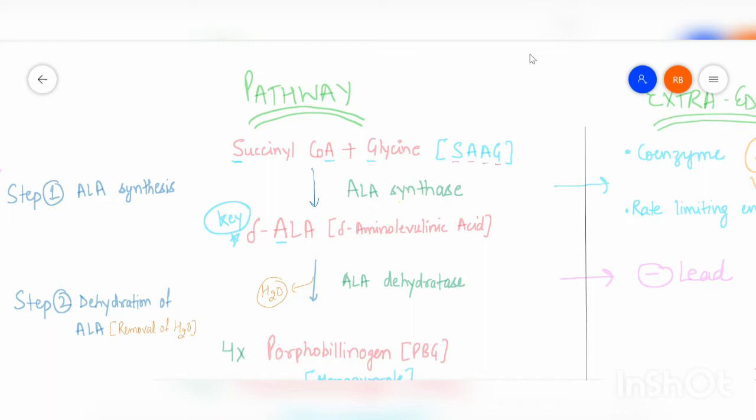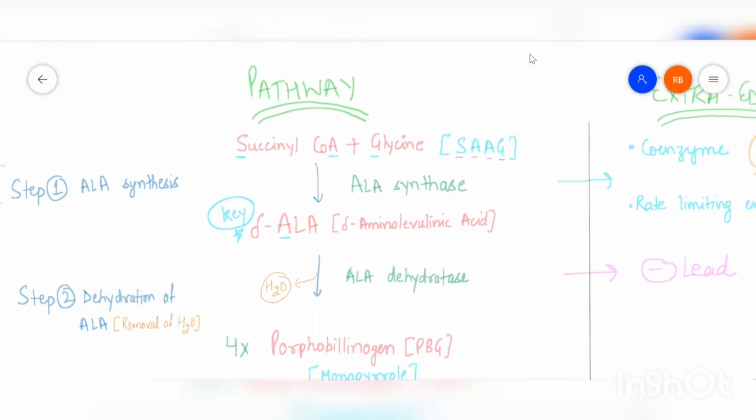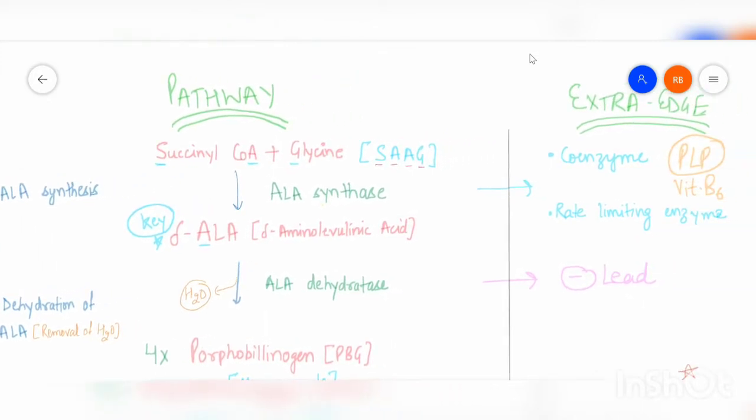So succinyl-CoA and glycine combine to form ALA. The enzyme involved is ALA synthase. The extra point you need to remember here is that it is the rate limiting enzyme for the heme synthesis. This is very important. And the second point is that the coenzyme here is vitamin B6 or pyridoxal phosphate.